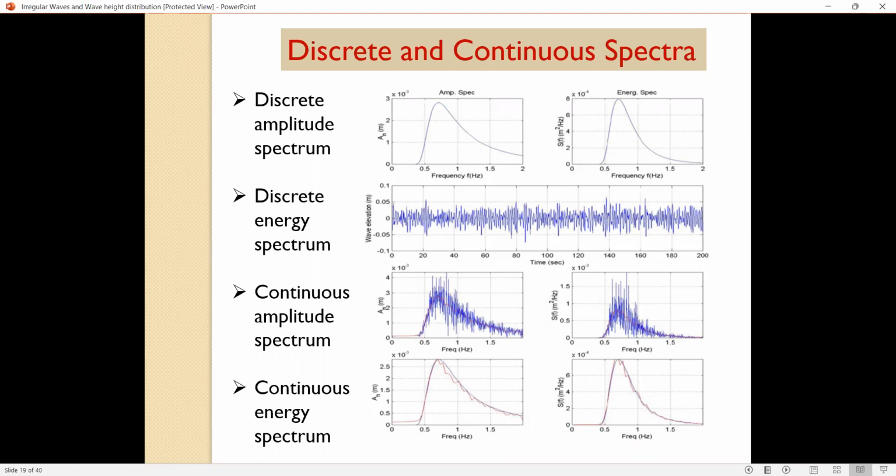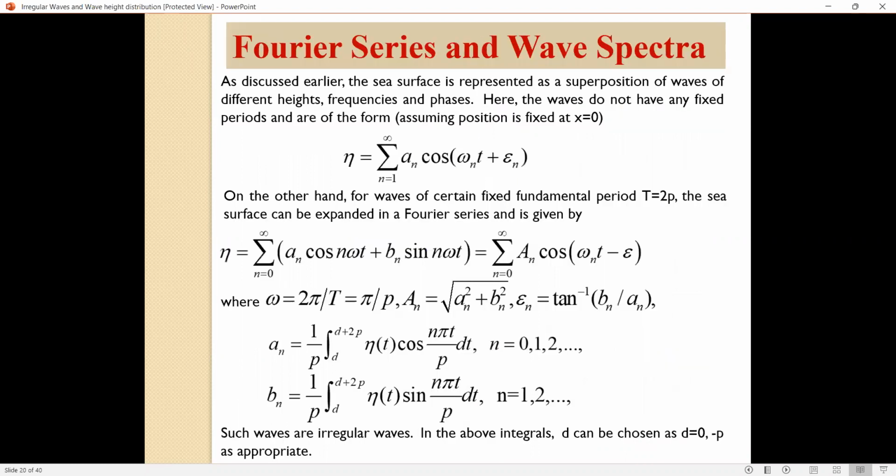So you can have a discrete amplitude spectrum or a continuous amplitude spectrum, or I can call it a discrete energy spectrum or continuous energy spectrum. Whether I am putting energy versus frequency or amplitude versus frequency, depending on whether the data is continuous or discrete, I call them discrete or continuous spectrum.